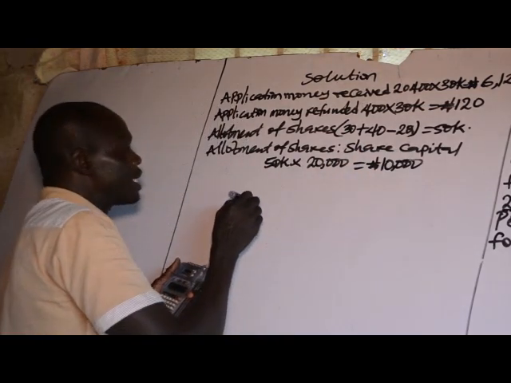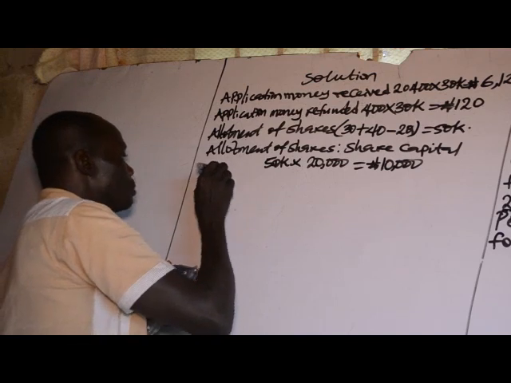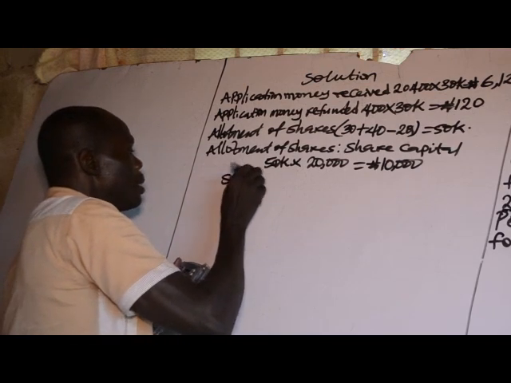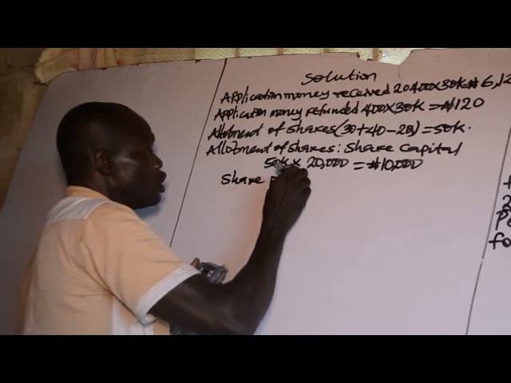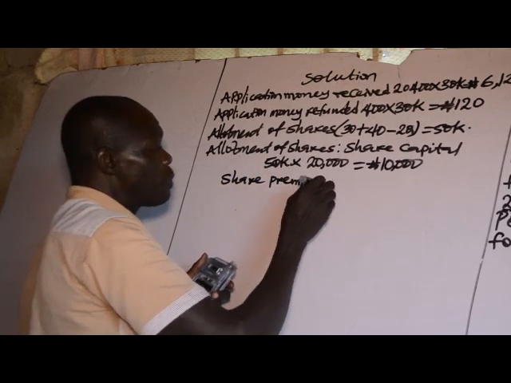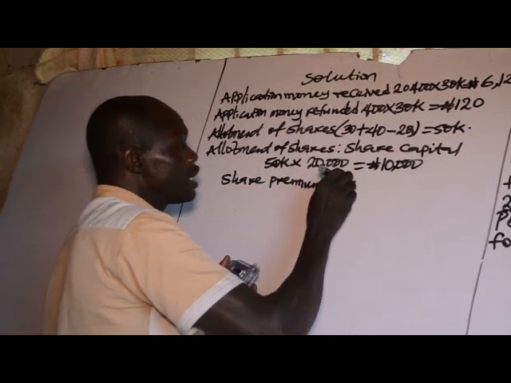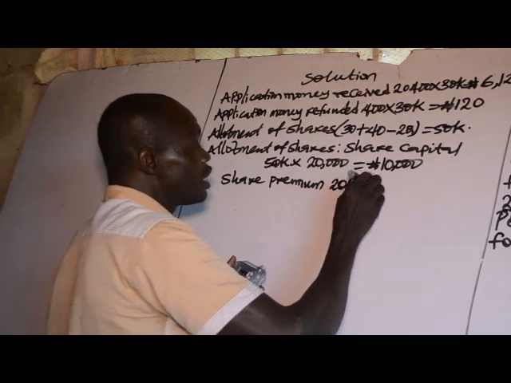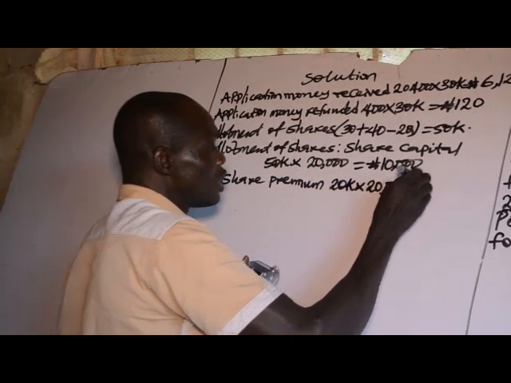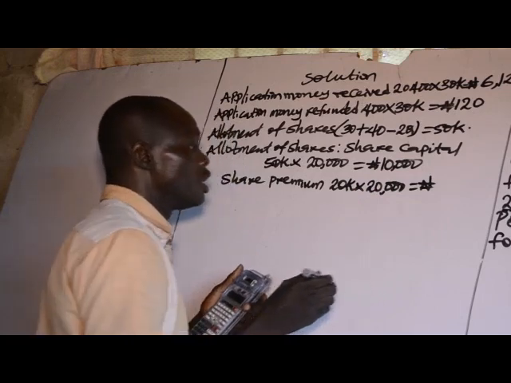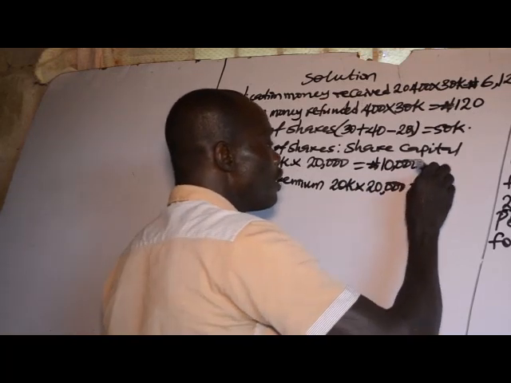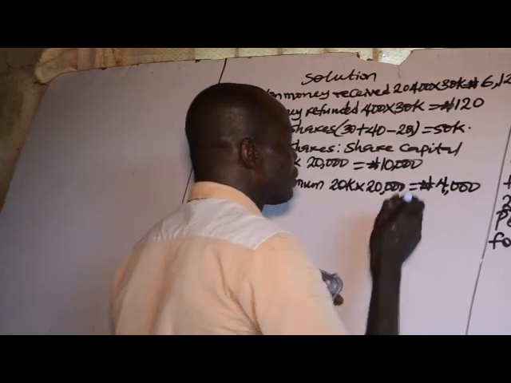Then the amount that will be transferred to share premium during allotment: the premium is 20 kobo. 20 kobo times the number of shares issued, which is 20,000. So the amount that will be transferred to the share premium will be 4,000.